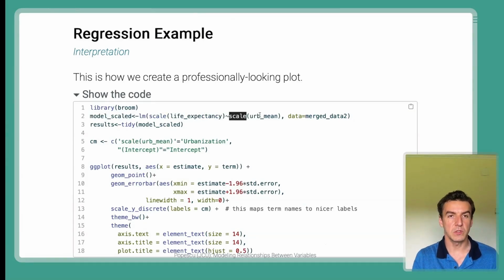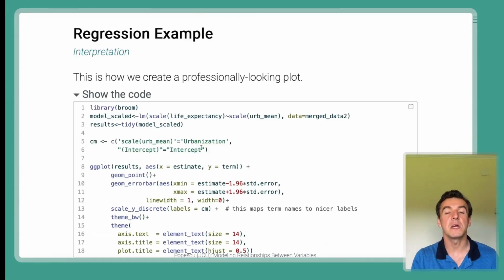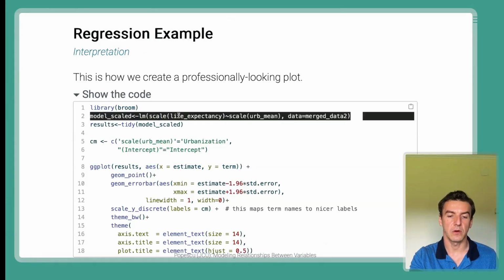So the reason why I'm doing this is because sometimes you end up with coefficients of very different magnitudes. So in order for my plot to look like this, so that we can see confidence intervals, these lines here for both coefficients, it's important for them to be measured in the same scale. So this is why I'm using the scale function in this line of code.